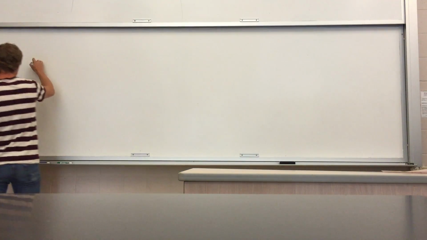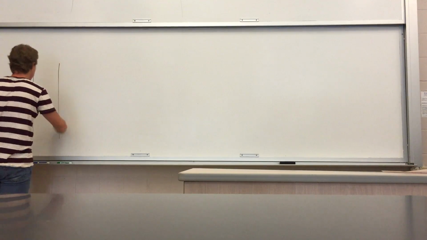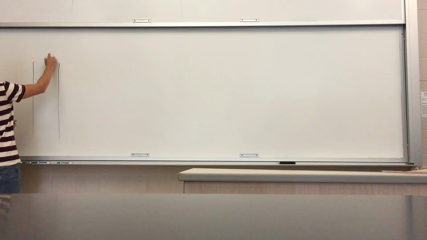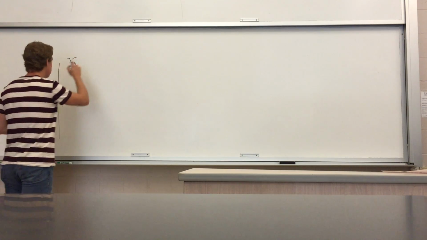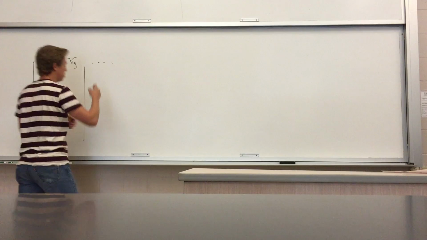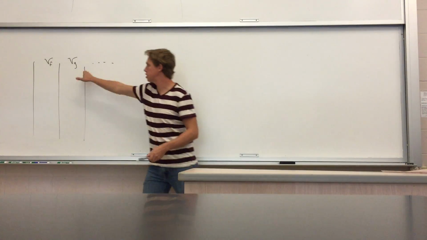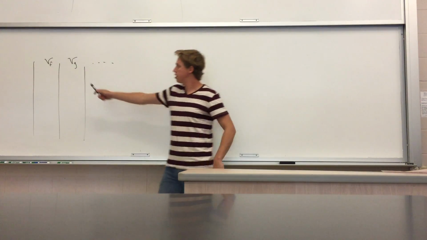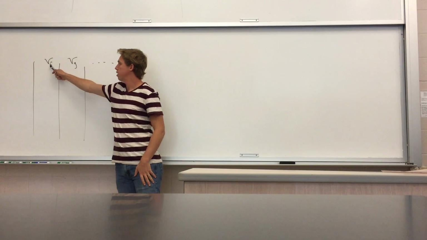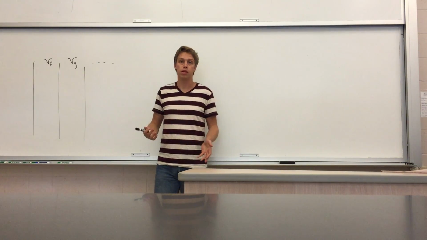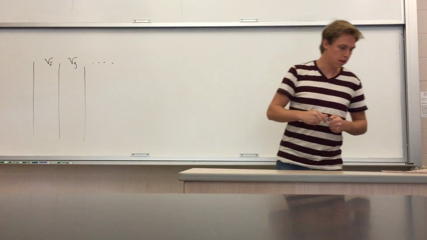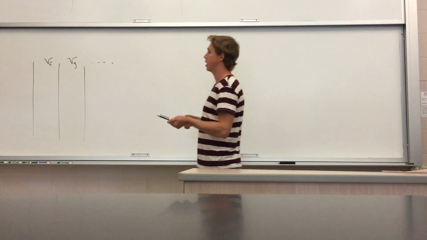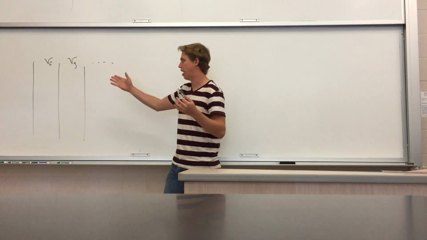We see in our tables sometimes that we have a column that says VF and VG. Okay, and then there's other stuff. But those are specific volumes. This VF right here, the F means fluid, and this is called the specific volume of a saturated liquid. They call it liquid, F for fluid.